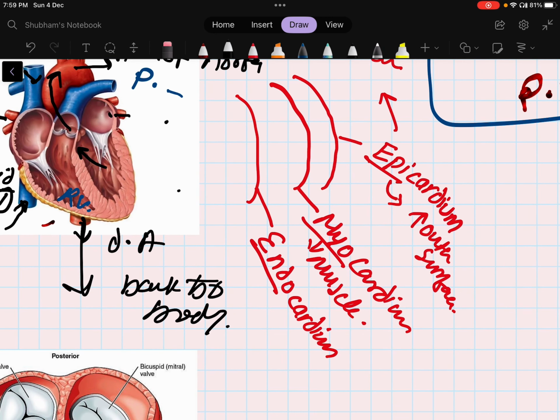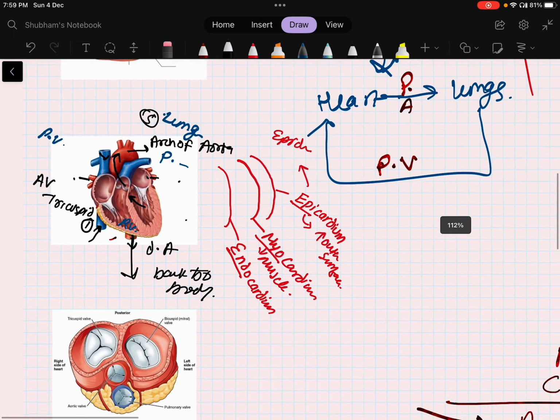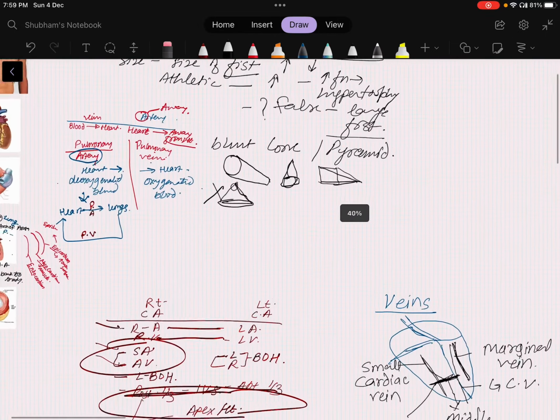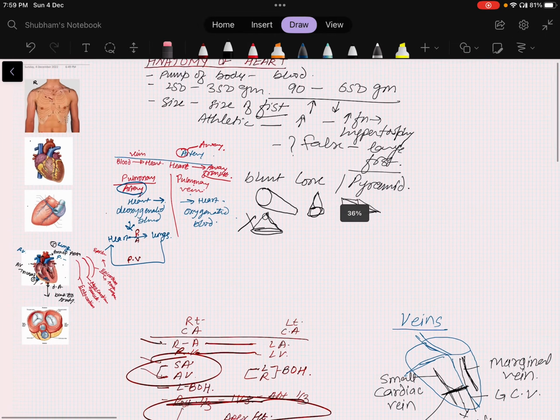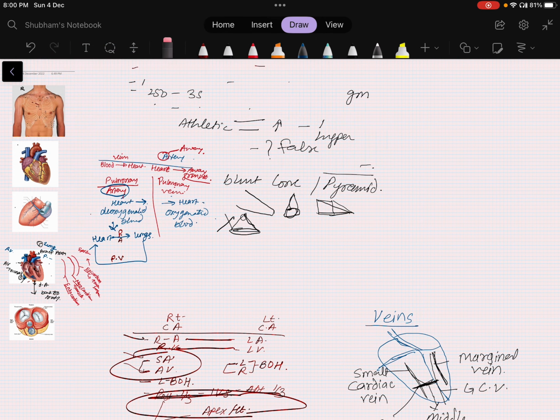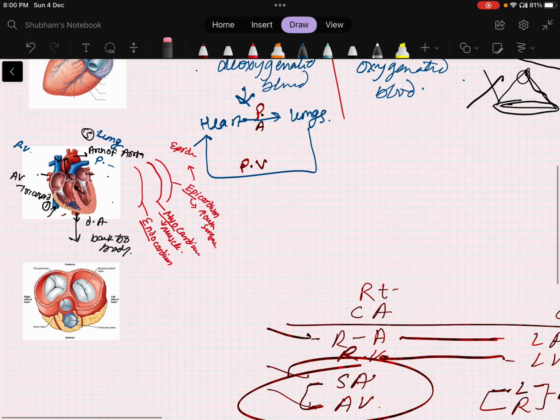So that's how our blood travels. Don't worry, this is just an introductory part. We will discuss all of these in a very detailed section when we discuss the basic physiology of the heart. Just a basic introduction is nothing to be bothered about.